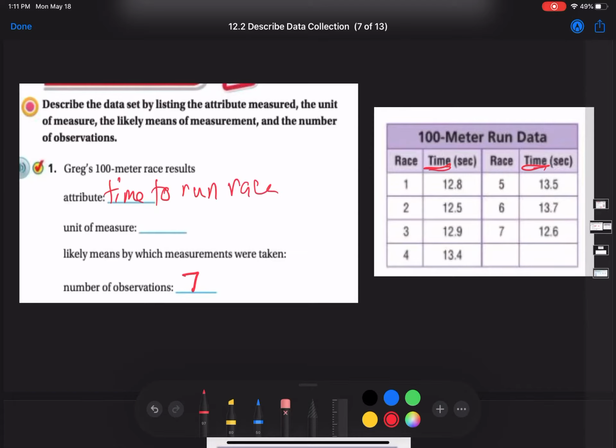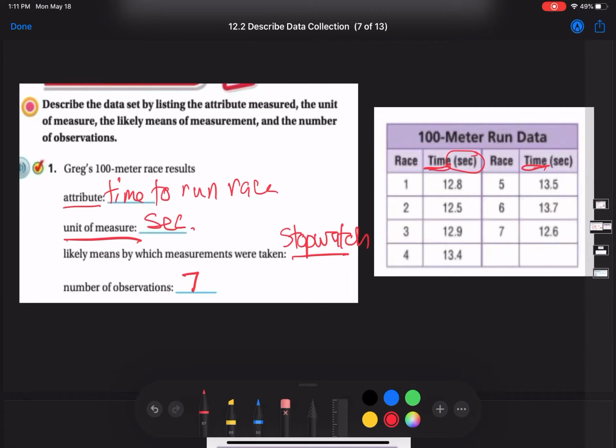Your attribute is just what you are measuring here: the time it took to run a race. More than likely, because they did it in seconds, you have a watch, or maybe a stopwatch would be a good thing to use. Oh, no, my bad, I got ahead of myself. I'm sorry, the unit of measure is seconds. The likely means is the stopwatch.